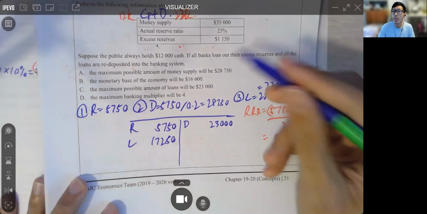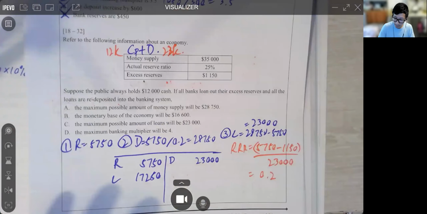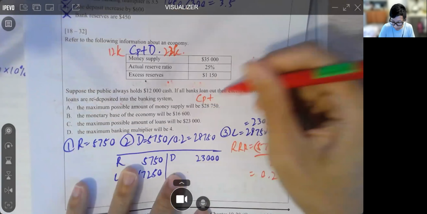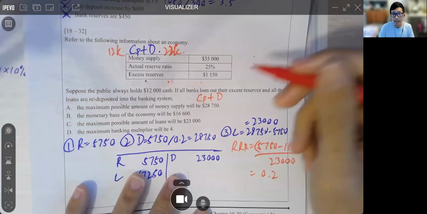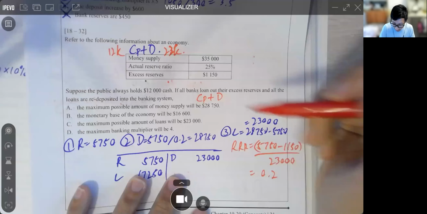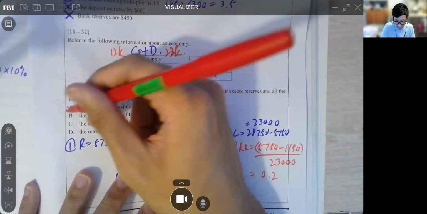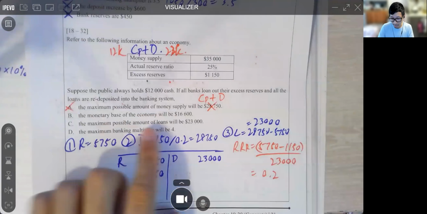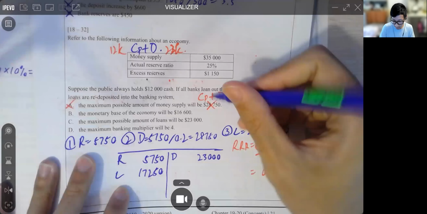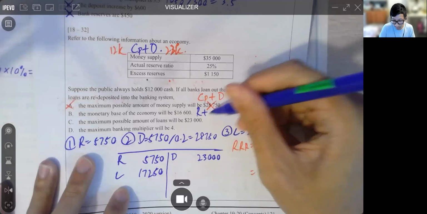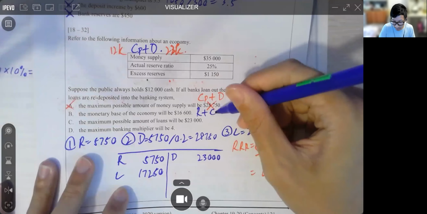中咗係咪啊？No, money supply 係乜嘢啊？CP plus the deposit. 我仲有 CP 啊嘛，12K, right? So unfortunately, not correct. Monetary base would be this amount. 嗱，嚟多次啦，未學嘅 monetary base reserve plus CP.